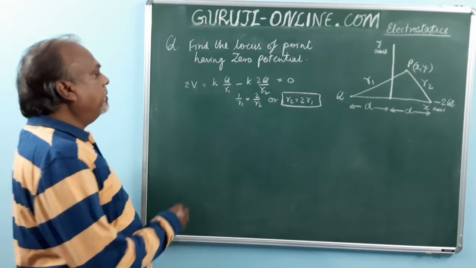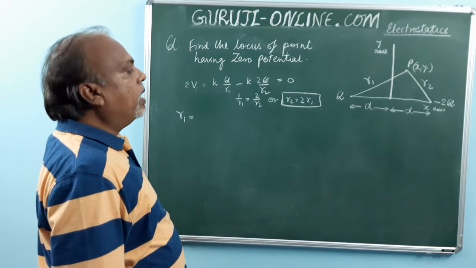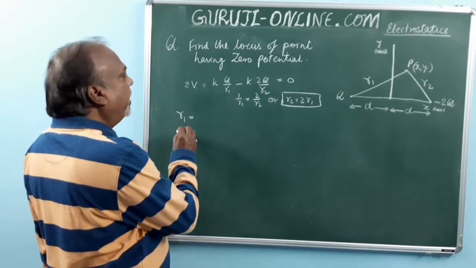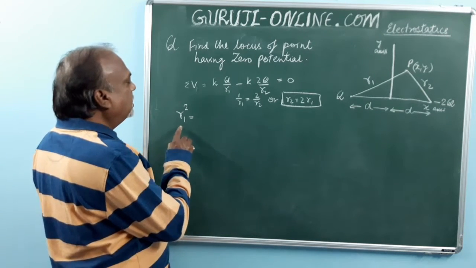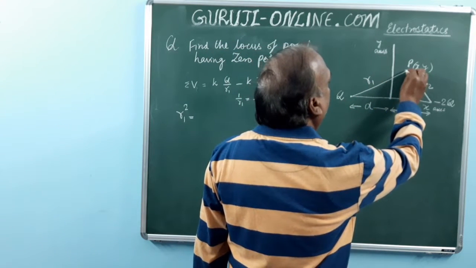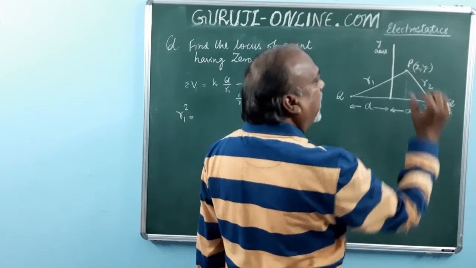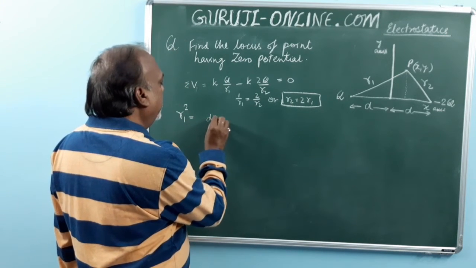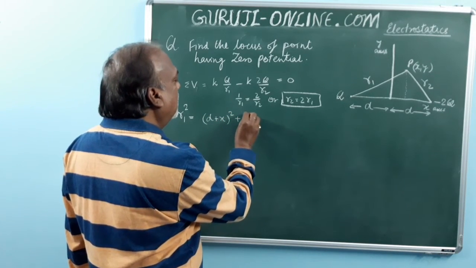Now what is R1? We can write R1 square for simplicity. R1 square will be nothing but this square plus this square. Correct? So here (d plus x) whole square plus y square.